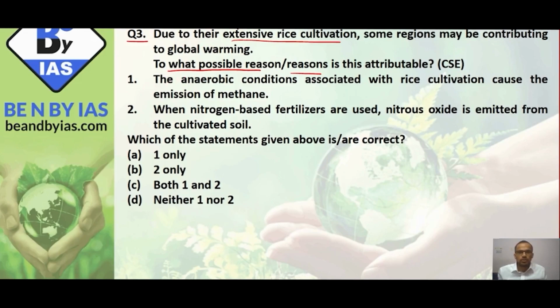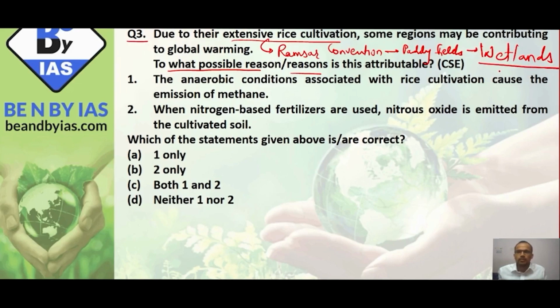See, as per the Ramsar Convention, these paddy fields are a part of wetlands, or they are considered as wetlands.